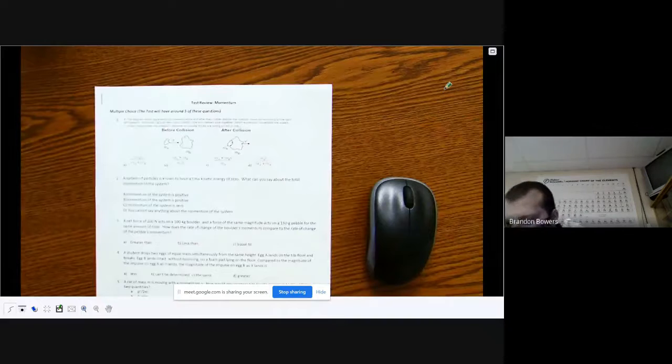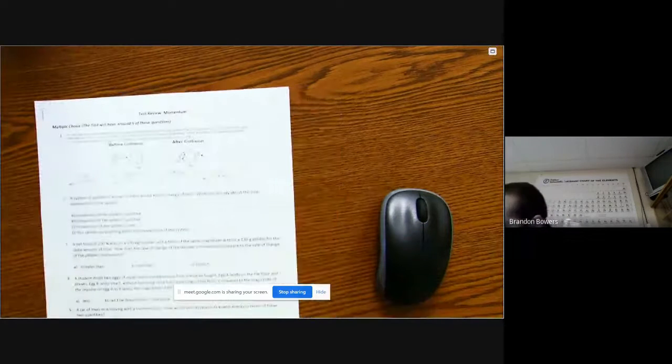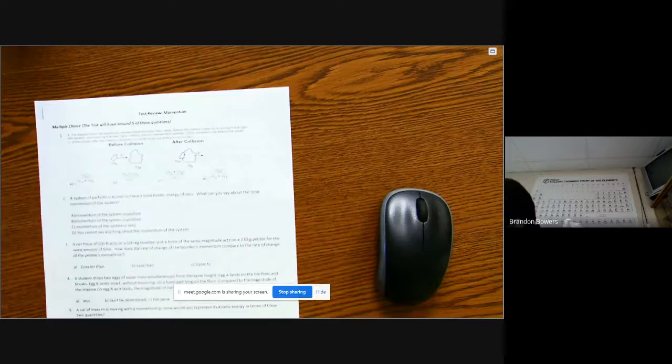All right, so question 1 says the diagram below represents two masses before and after they collide. Before the collision, mass A is moving to the right with the speed of v, and mass B is at rest. Upon collision, the two masses stick together. Which expression represents the speed v of the masses after the collision?